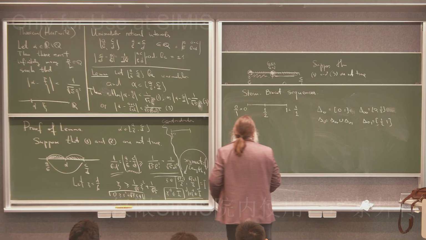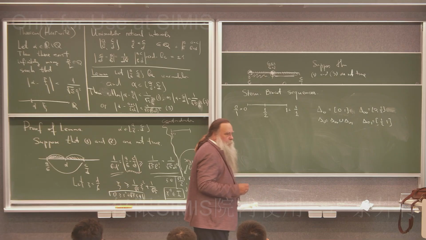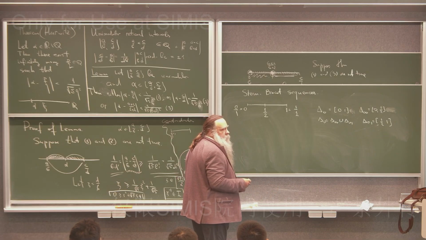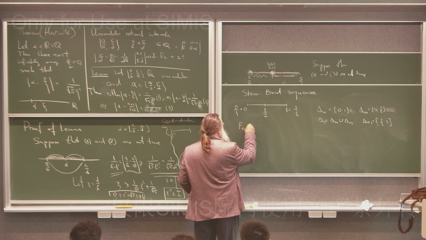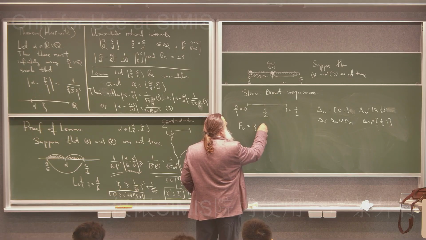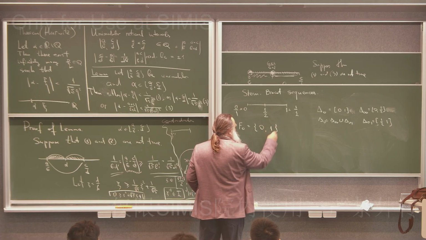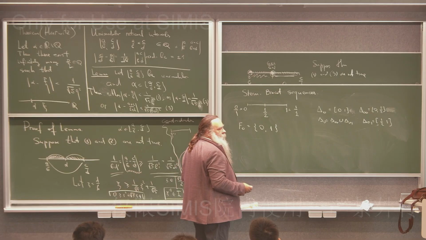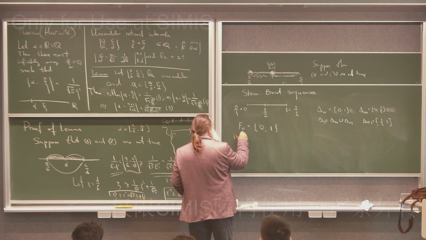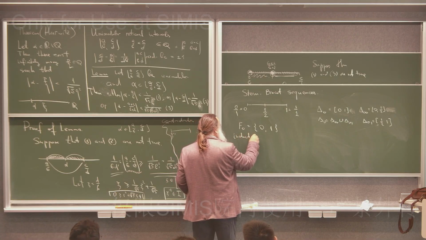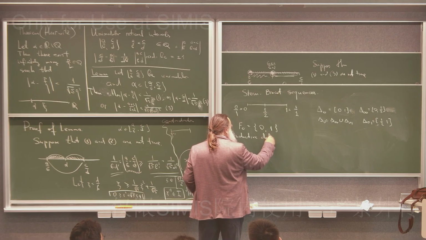And also I defined the endpoints. Stern-Brocot sequences are the endpoints of the intervals. So the F0 sequence consists of two numbers, 0 and 1. And now I'm defining the process, an inductive definition.